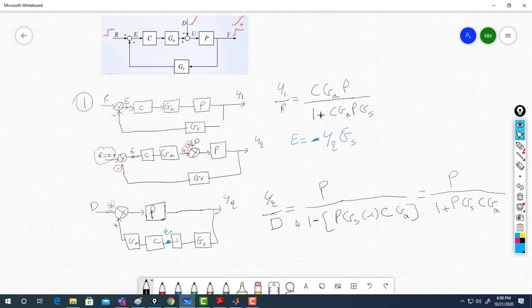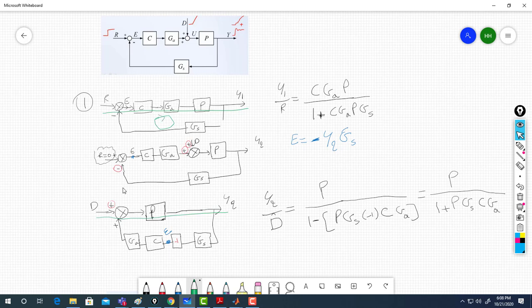Okay. So then, if you want in green, here your forward is from the input to the output. The forward is here from the input to the output, and the loop is the loop.